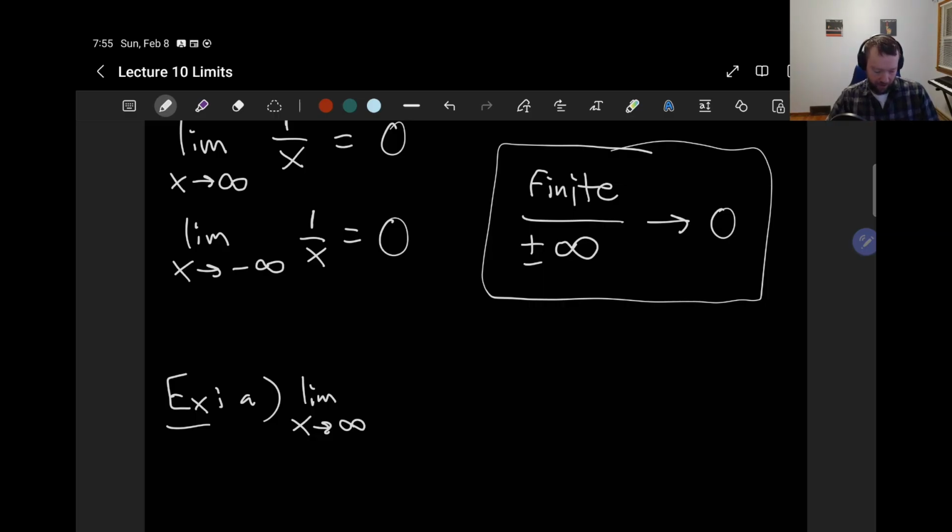So the limit as x approaches infinity, as my graph moves further and further to the right forever, which y value are we approaching, if any at all? And the function is x cubed plus 2x minus 1 all over x minus 1.